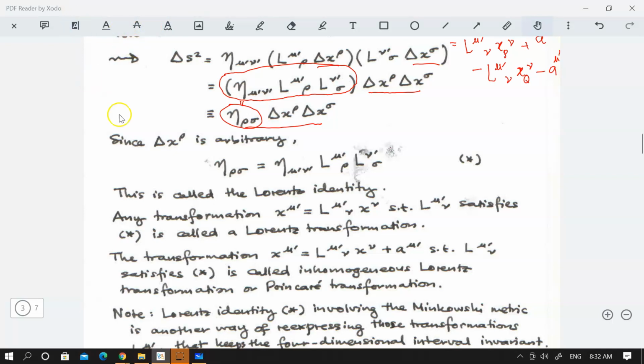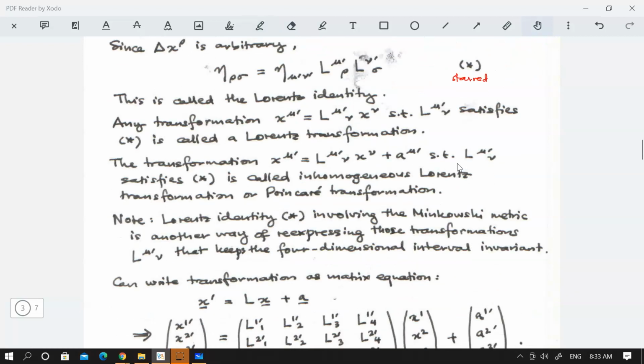If your matrix L here, we have not given a name yet for this matrix, obeys this equation, then the transformation that you have onto the coordinates of the events is called a Lorentz transformation.